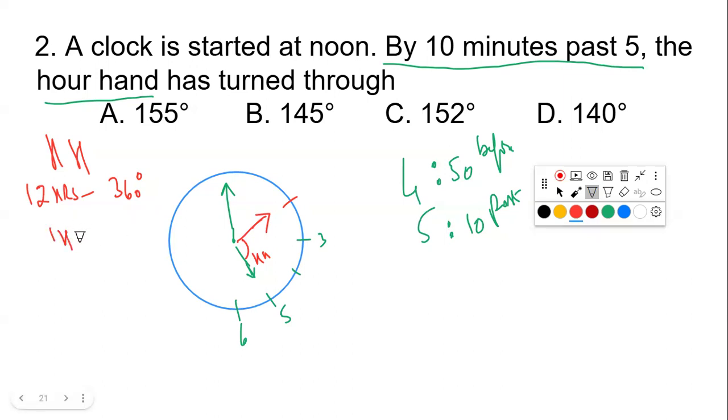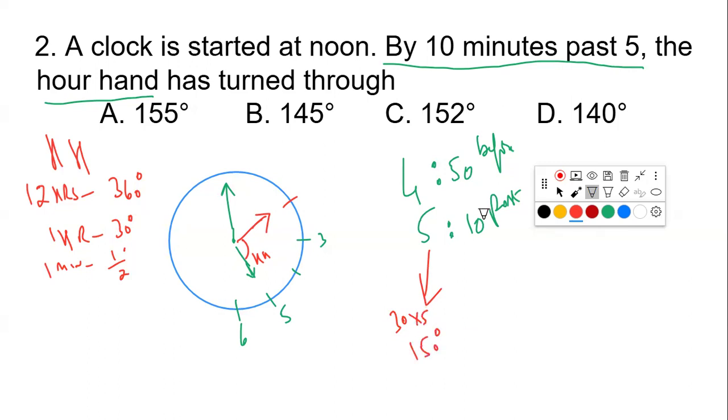That means every 1 hour it is moving by 30 degrees. 360 by 12. Every 1 hour, 360 by 12, 30 degrees. And every 1 minute, it is moving by half degree. So please understand, if I have to measure 10 minutes past 5, so you know 5 hours, that is 30 into 5. How many degrees?